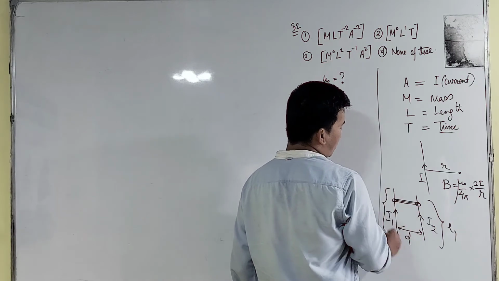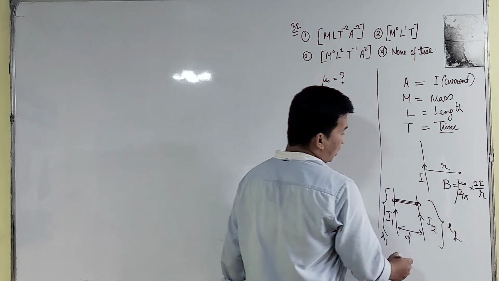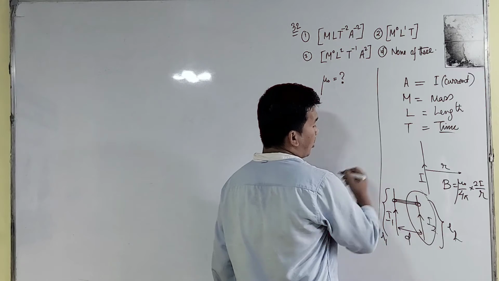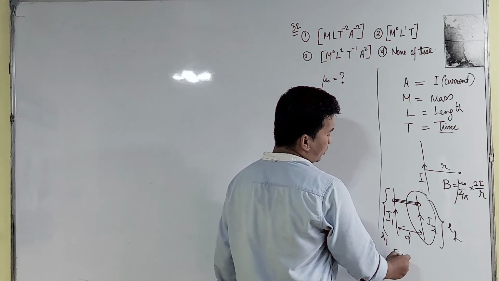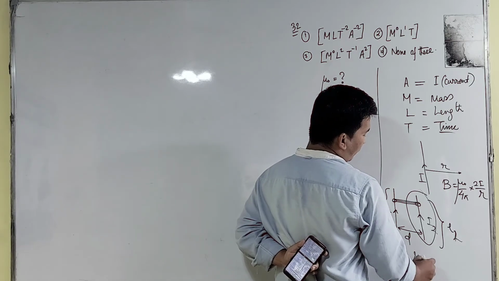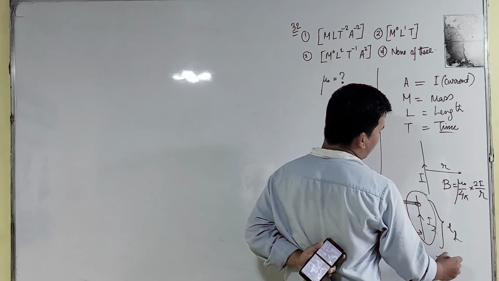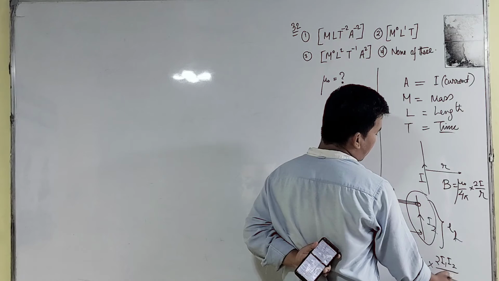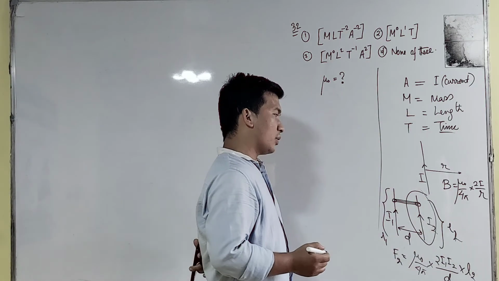This is length L1, this is length L2. The total force obtained on this second wire will be F2 equal to mu naught by 4 pi into 2 I1 I2 divided by distance of separation D into length L2.